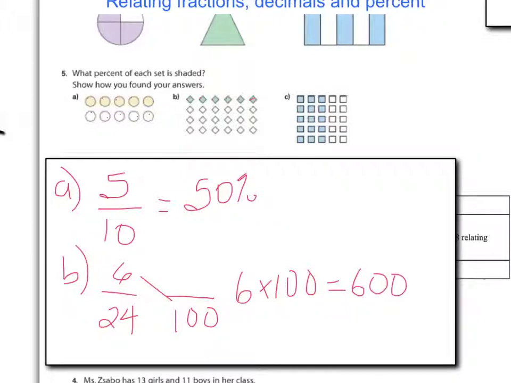Add the zeros, 2 zeros is 600. Now I have to divide by 24, which is where my calculator comes in. 600 divided by 24 gives me 25. So that would be my percent, 25%.